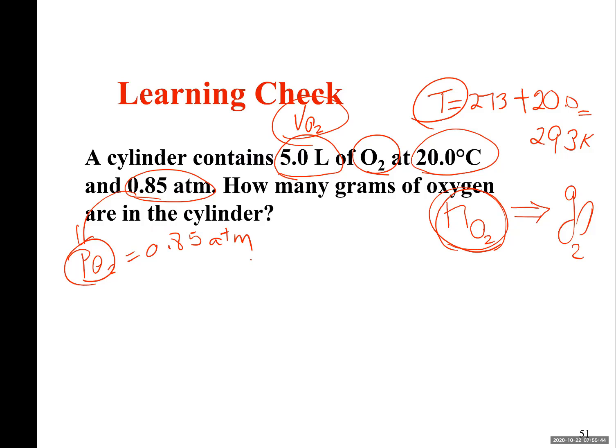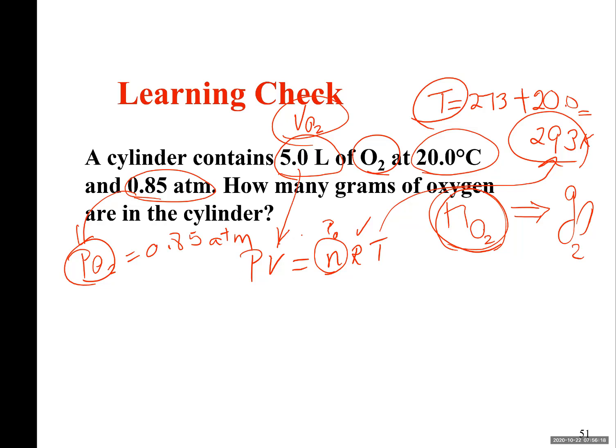Well, do you remember PV is equal to nRT? What is unknown here? The number of moles. Do we have R? Yes, it's a constant. It's on the exam table. It's in the book. Do I have the temperature? Yes, 293 Kelvin. Do I have the volume?